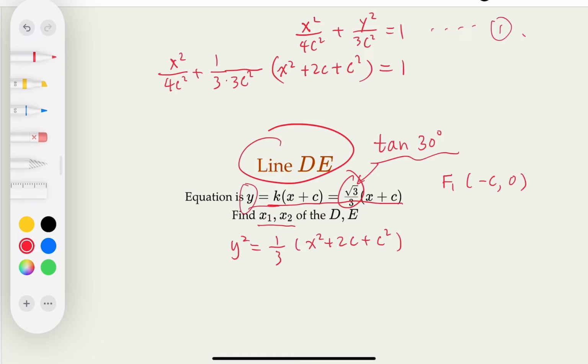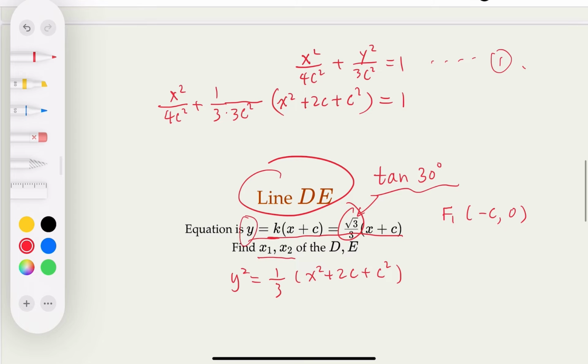Multiply by 36c squared, to get rid of the fractions, right? So I would have 9c squared times x squared plus, this would be 4.